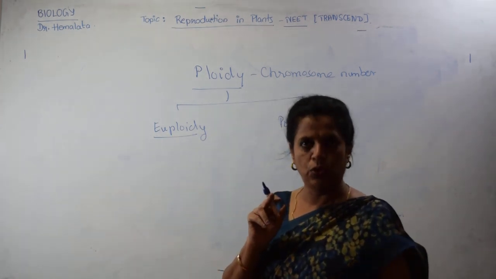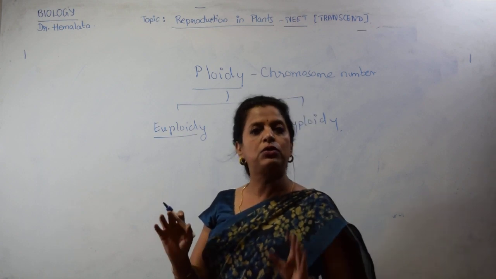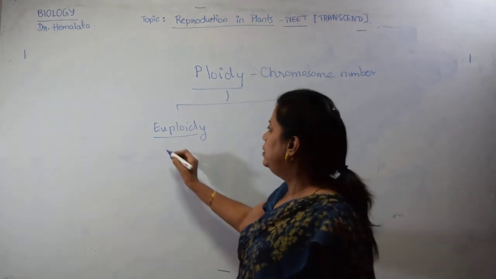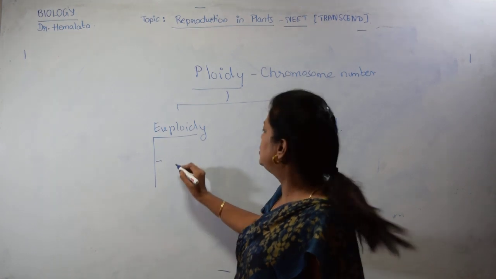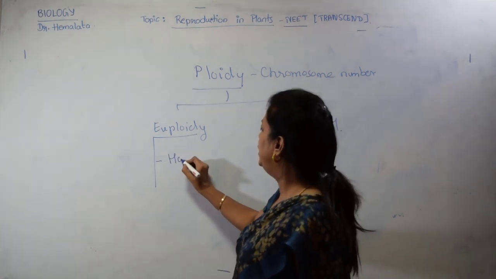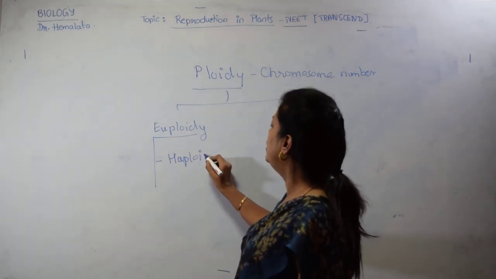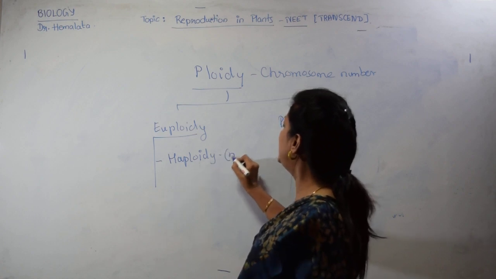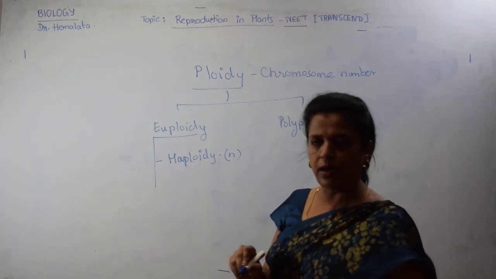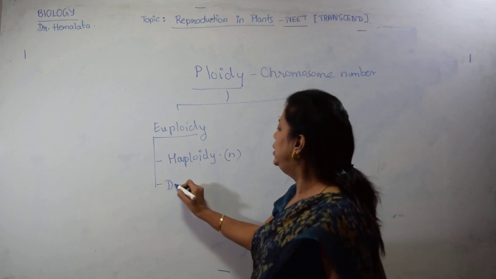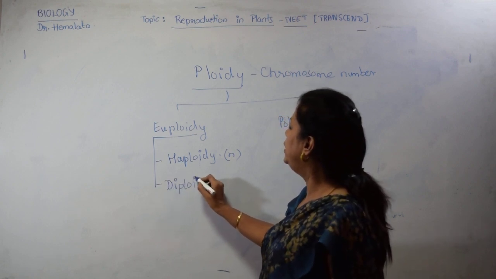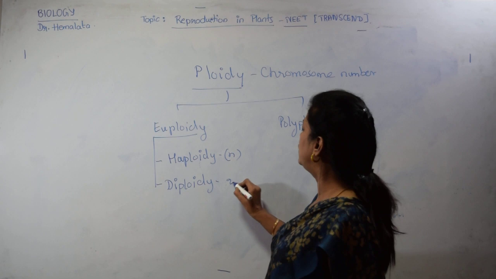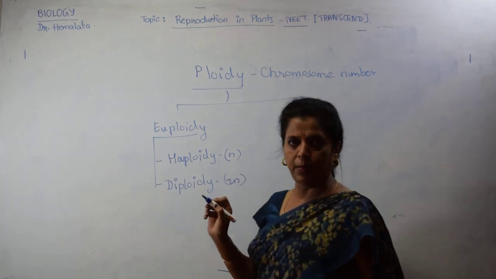Eu is true. The true chromosome number is called euploidy. This includes two true numbers. One is haploidy. Haploidy refers to a single set of chromosomes, that is N number. The second one is diploidy. Diploidy includes two sets of N number, it is the diploid number.